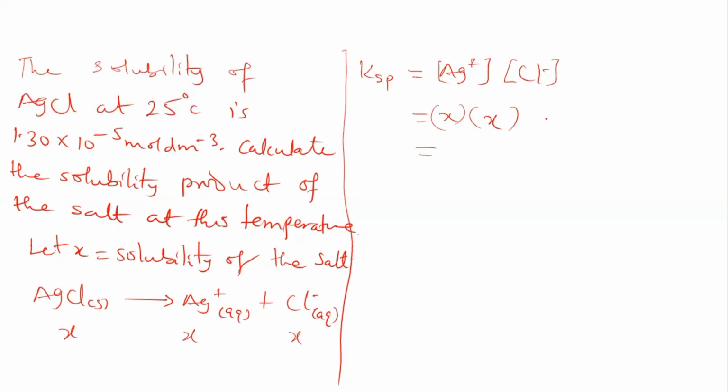But X has been given in the question, because that's the solubility in mole per dm cube. So that's going to be 1.30 times 10 raised to the power of minus 5 mole per dm cube, and it's squared, since this will give us S squared.